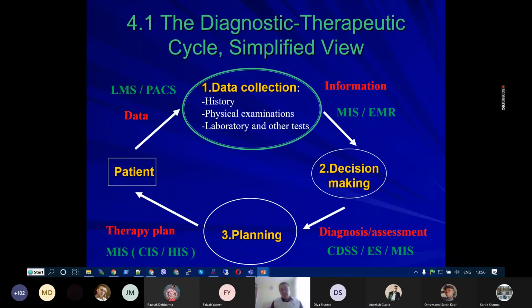Then we can aggregate those data into the medical information system, and maybe not all those data, but only essential and important facts from it, which is information in turn. So we can collect a lot, but not everything makes sense, and only those facts which make sense give us information, something significant about the patient state, which will give us the ability to make a decision by ourselves, or maybe with the help of a modern clinical decision support system, an expert system.